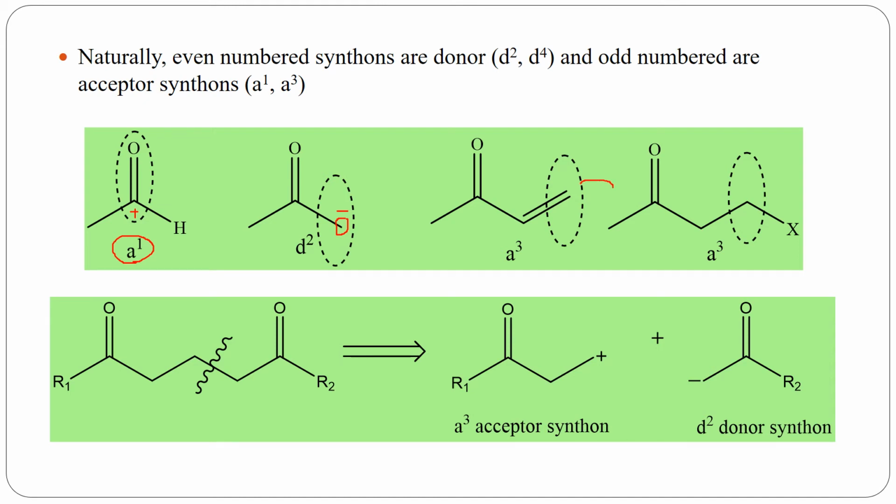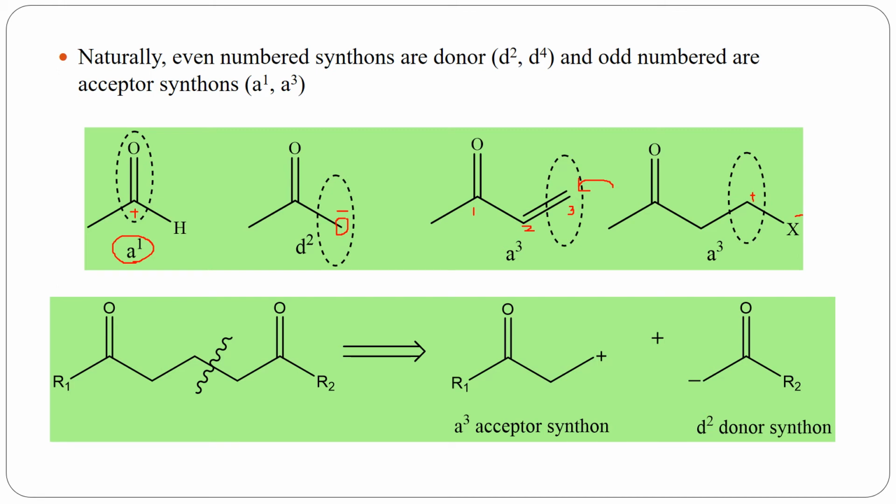When any nucleophile attacks here, so this is the first carbon, this is the second one, and this is the third one. It is acceptor. And if a leaving group is attached, then again this third carbon is A3, an acceptor synthon.